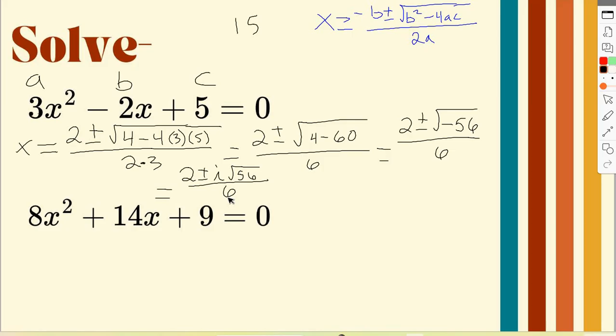How many times? 14 times, right? 4 is special because we can rewrite 4 as 2 squared, yes? So if we had the square root of 2 squared times 14, what can we do with that 2 squared? It gets to come outside of the square root. Yes, no, maybe?